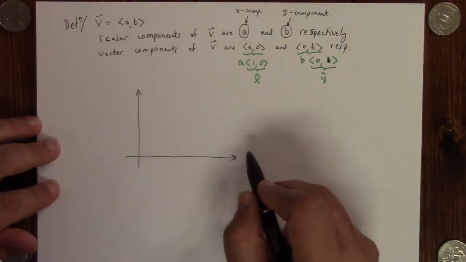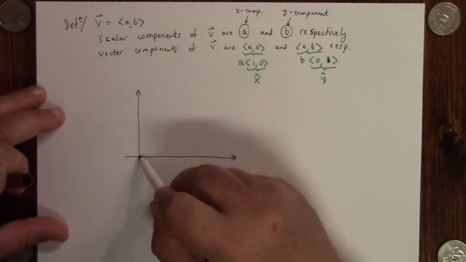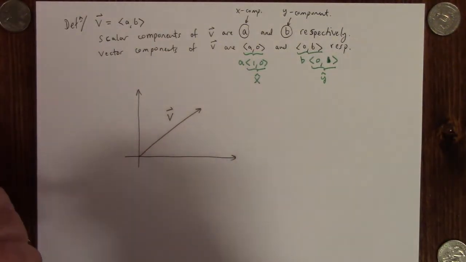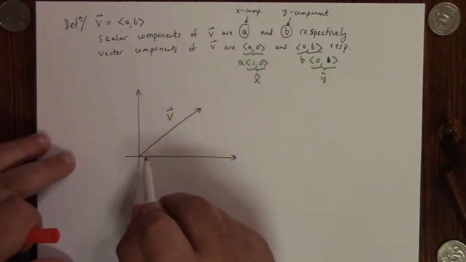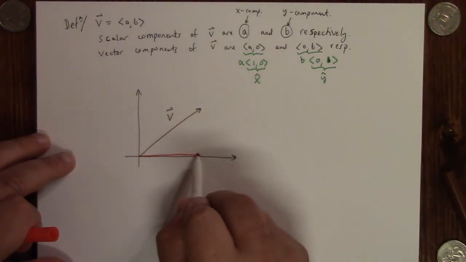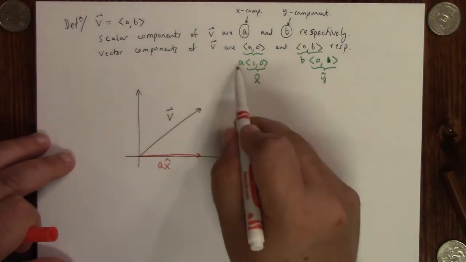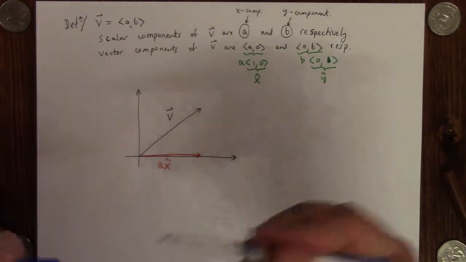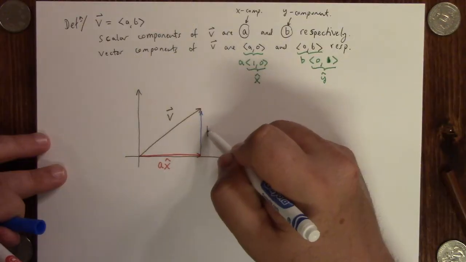If we have this vector, here, I'll make it brown this time, vector v, we can write down here, this vector would be a x hat. That's this piece. And then the other piece, the vertical piece, would be b y hat.